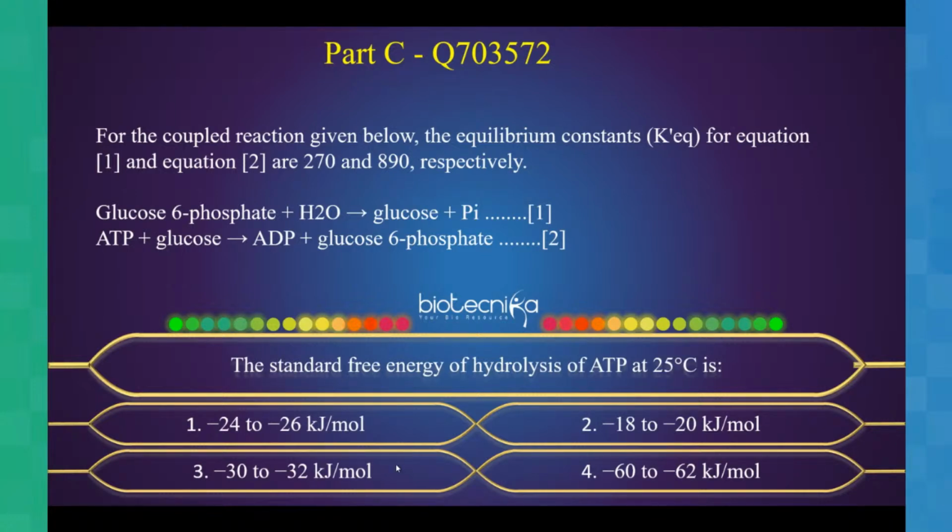Okay. So, anyways, I'll tell you how to solve this question. See, for a coupled reaction, equilibrium constant, no problem, Graham. The equilibrium constants K equilibrium for equations 1 and 2 are given. So the only thing that we need over here is delta G = minus RT ln K. So this is a very straightforward question, right?